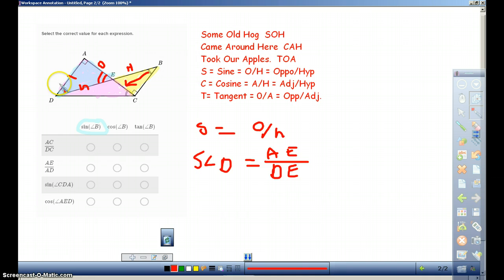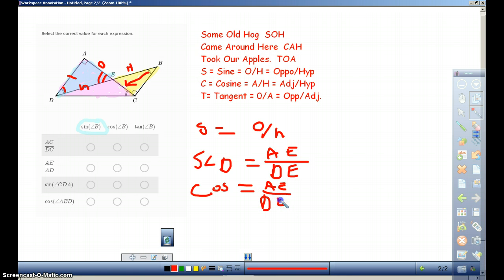Well, let's come over and think about only this blue triangle. Now let's do the cosine of angle AED. The cosine of that angle is equal to the adjacent over the hypotenuse, and the adjacent is AE, over my hypotenuse, which is DE.